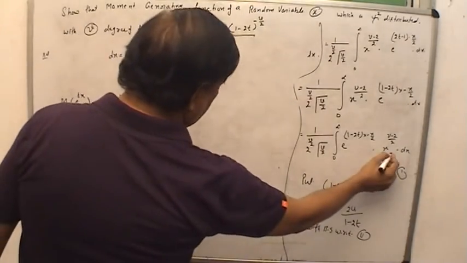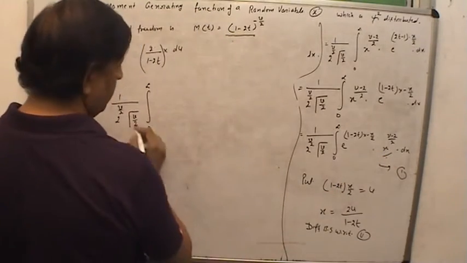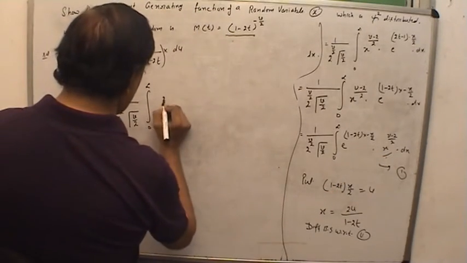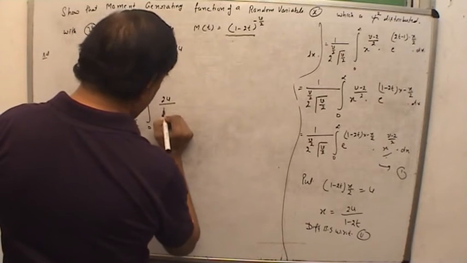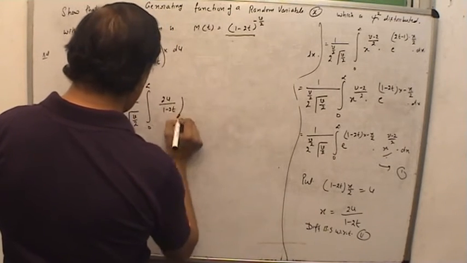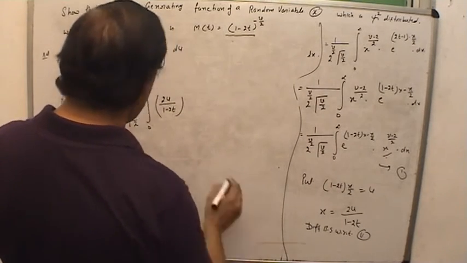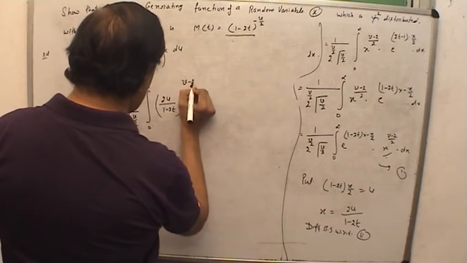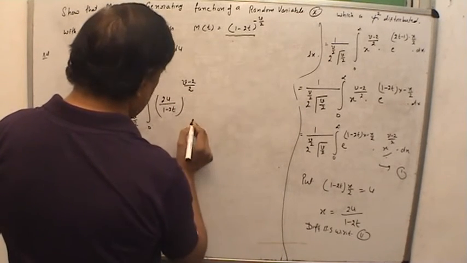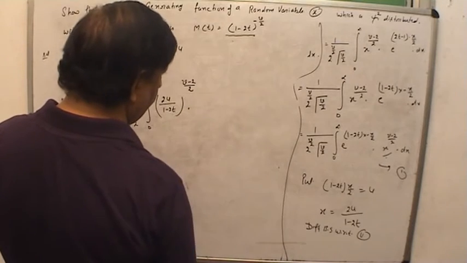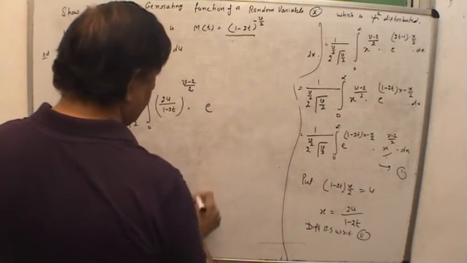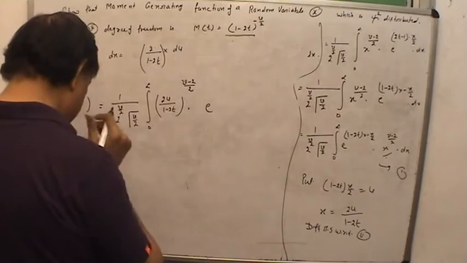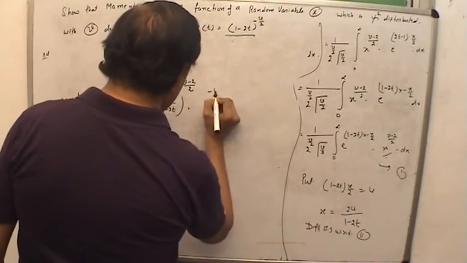Here, first of all, we see for x. Here x is 2u upon 1 minus 2t, raised to the power v minus 2 divided by 2, into e raised to the power minus u.